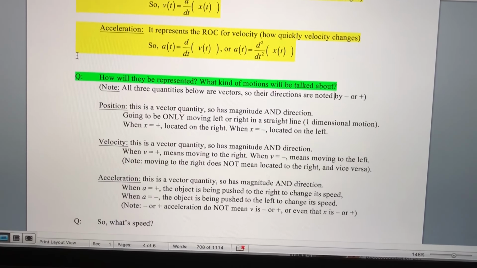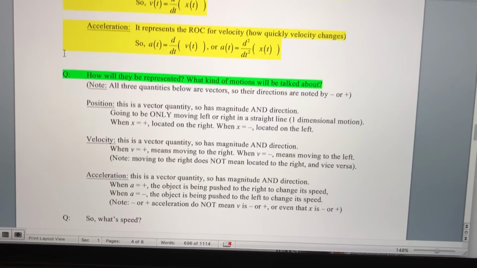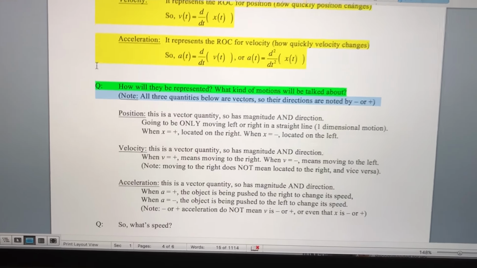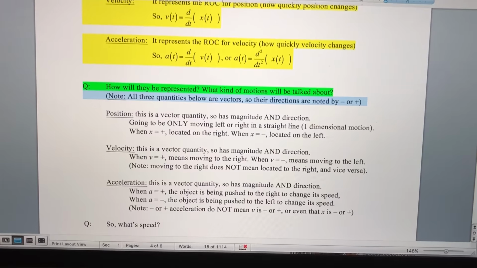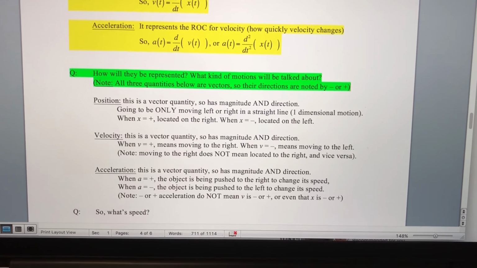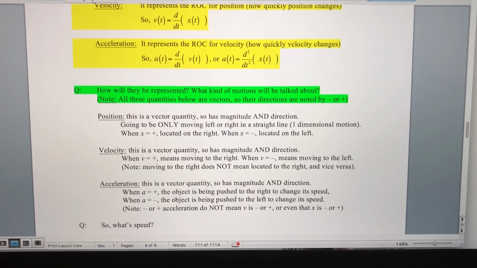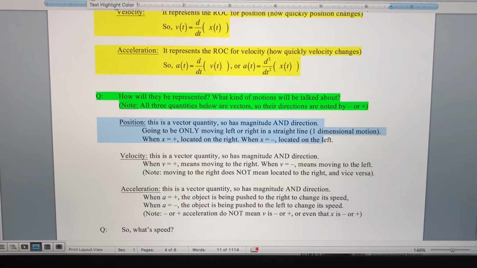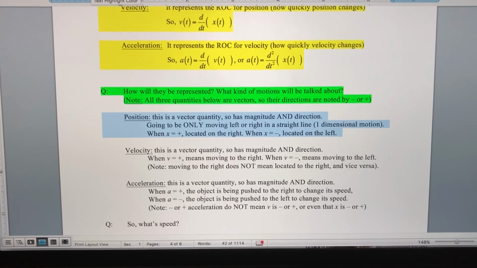So now how will these be represented? All of these items, these 3 quantities, are vectors, and so their directions are going to be noted either by a negative or a positive. Position: I'm going to talk about that now.